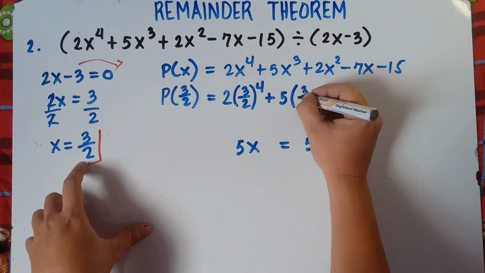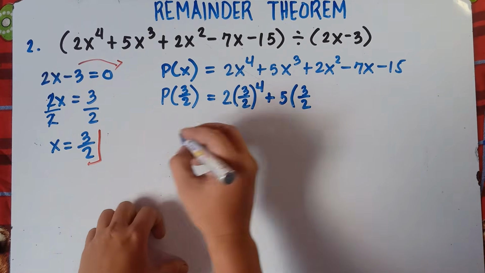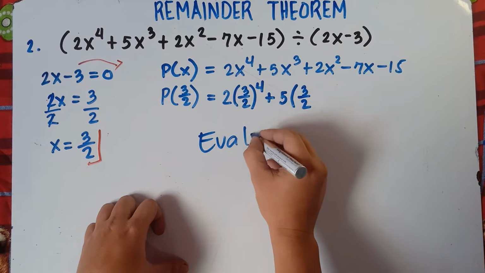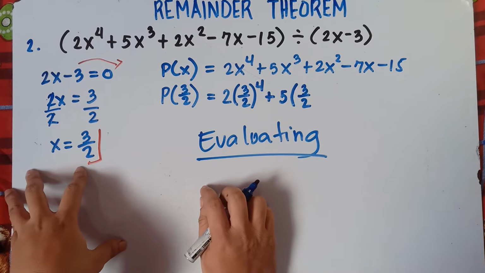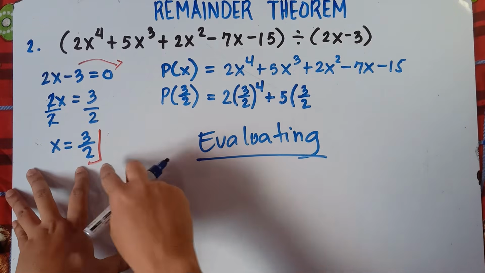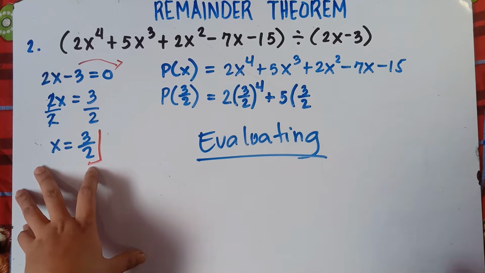Once again class, this is what we call evaluating. To evaluate, you simply get the value of x from the divisor, and once you get x, you substitute it for every x in this polynomial.